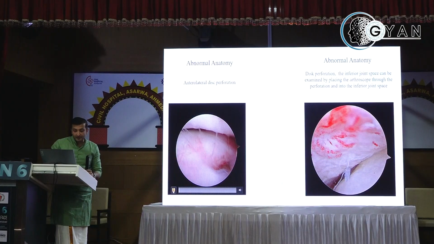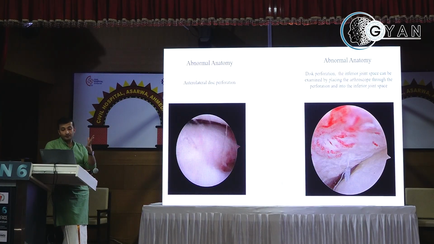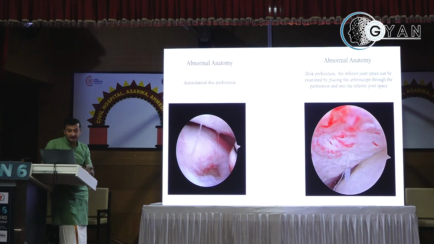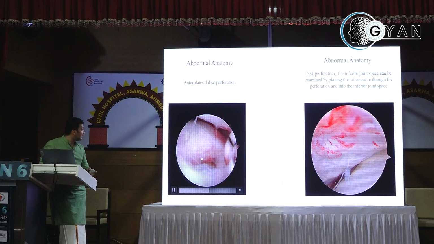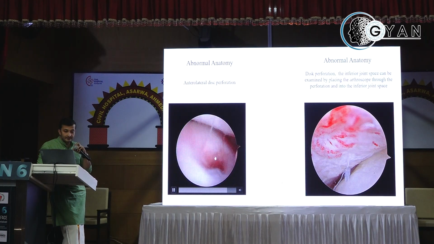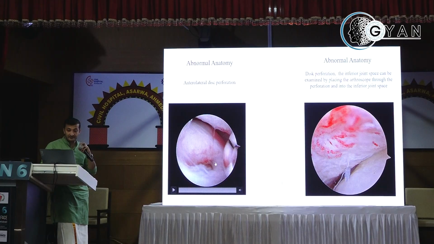In abnormal pathology, what we can usually find is either the disc is displaced anteriorly or you may have disc perforations. So this is an anterolateral perforation of the disc, where inside you can see the condylar head here. And you can see that the fluid is going into the inferior joint space as well.